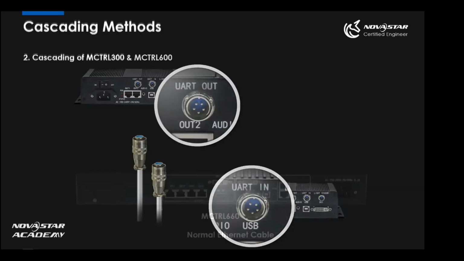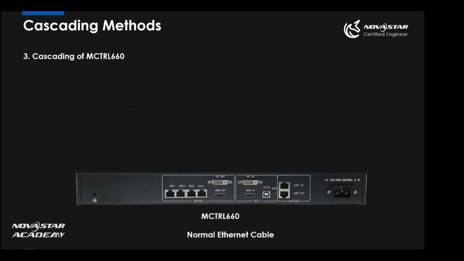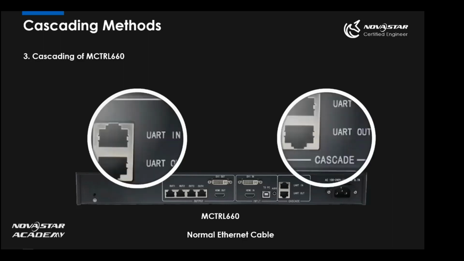The third one is M Control 660. This device has a LCD panel in the front side compared with the M Control 600. And the cascading interface is also different.